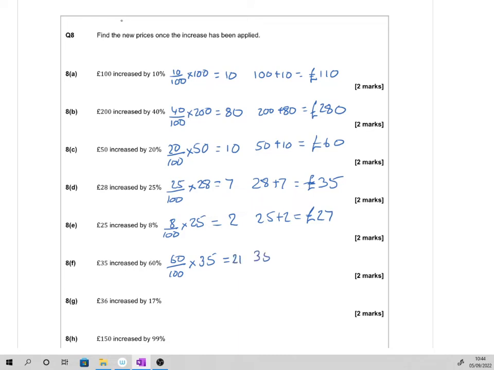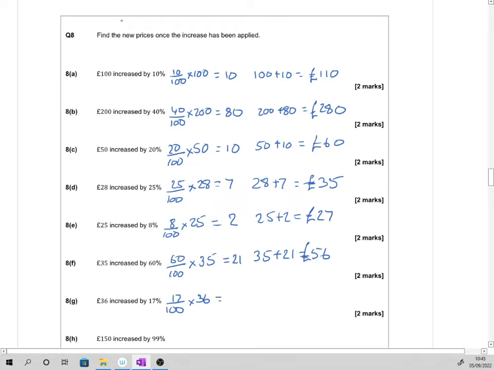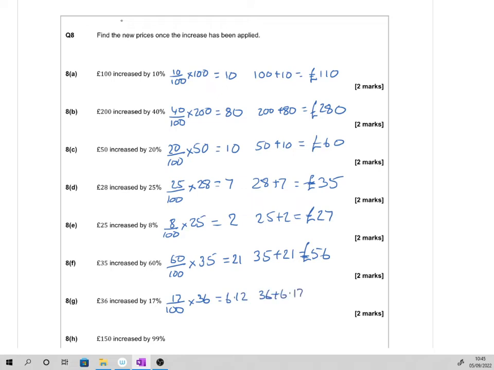And 35 plus 21 equals £56. 36, 17% times 36. 17 divided by 100 times 36 equals £6.12. So 36 plus £6.12 is £42.12.